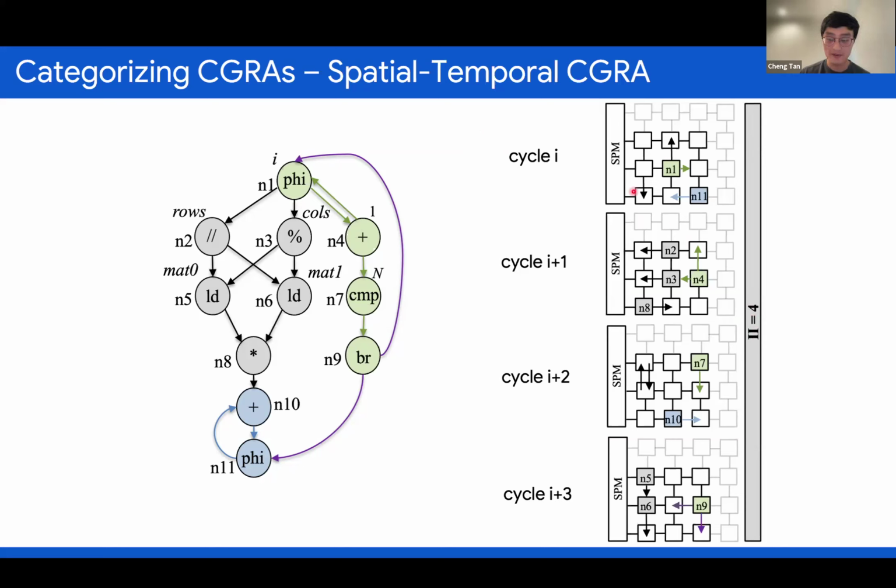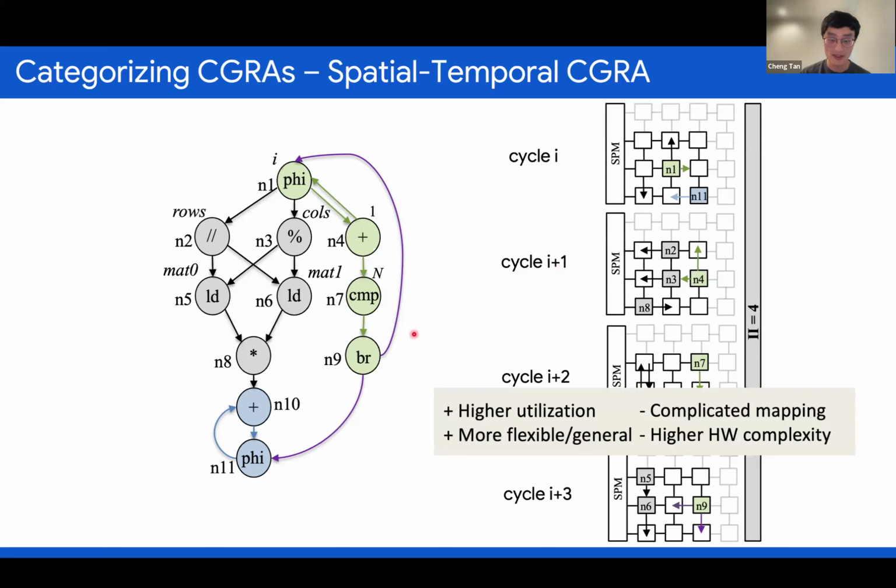So this type of expansion in the time domain can help you accelerate a kernel that has a larger resource requirement than the provided architecture. It improves the utilization, and it is more flexible and can be used in more general scenarios. But it has drawbacks: the compilation is more complicated this time, right?